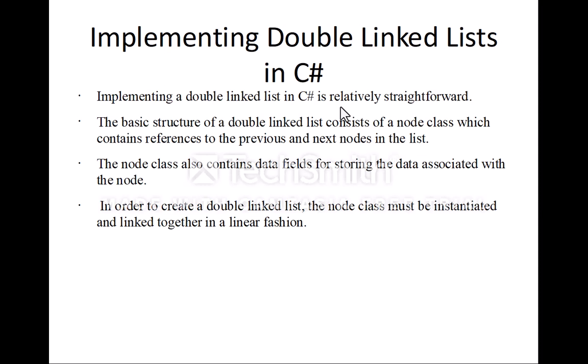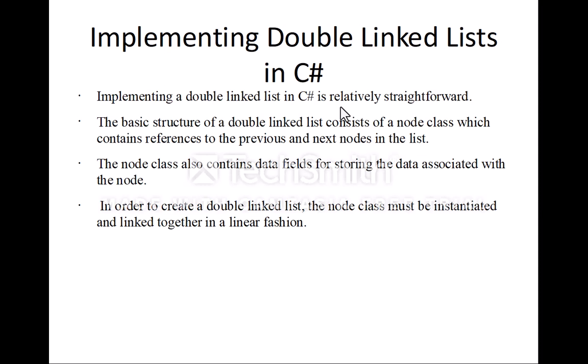Implementing a doubly linked list in C# is a relatively straightforward process. You need to create one node class with all three parts of each node: the previous node address, the next node address and the data part. The node class also contains the data field for storing the data associated with the node.